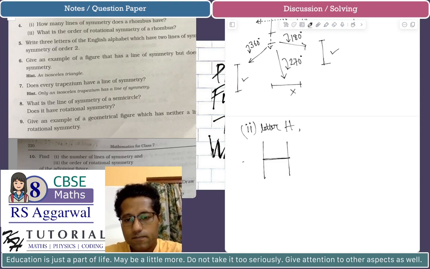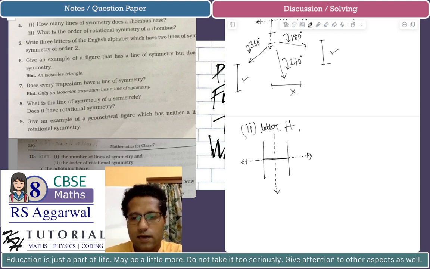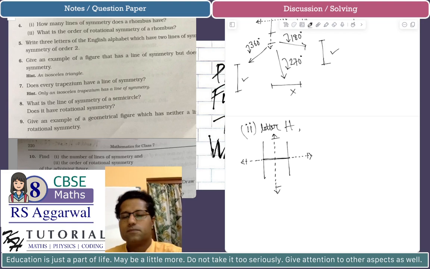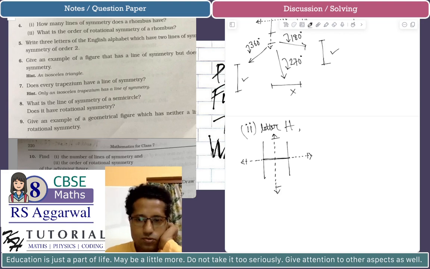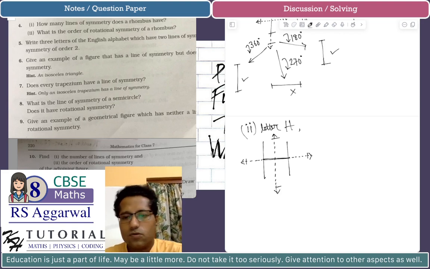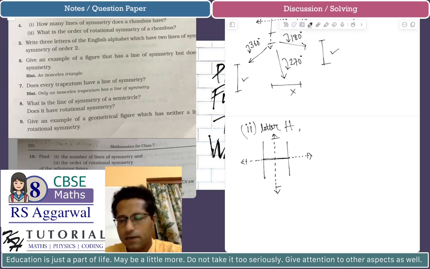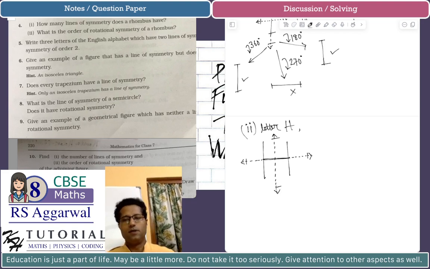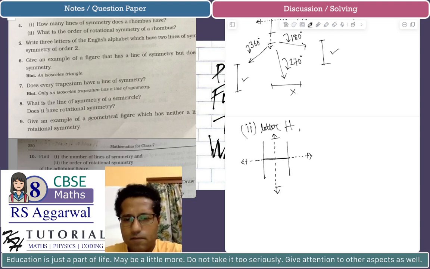This is one line of symmetry of the letter H, and another one is this one. This is also a line of symmetry for the letter H. So this letter H has two lines of symmetry, and as you can see, the two lines of symmetry make a 90 degree angle to each other.